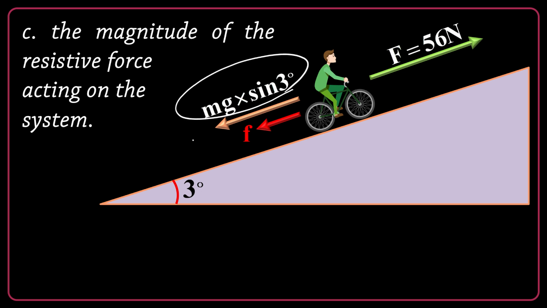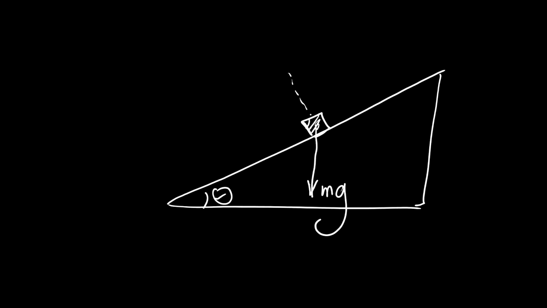In this type of questions, which involve an object on a ramp, if this is the object on the ramp, and this is theta, here we have a downward force of mg. I draw a dashed line perpendicular to the ramp, the other parallel to the ramp, and it's very easy to prove that this is also theta.